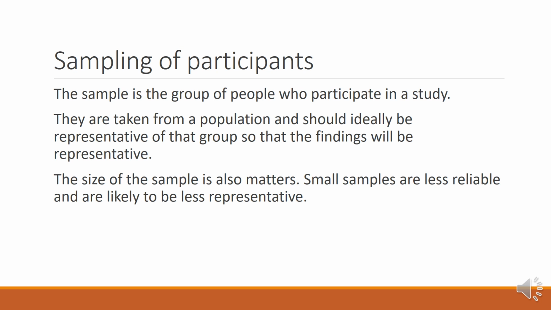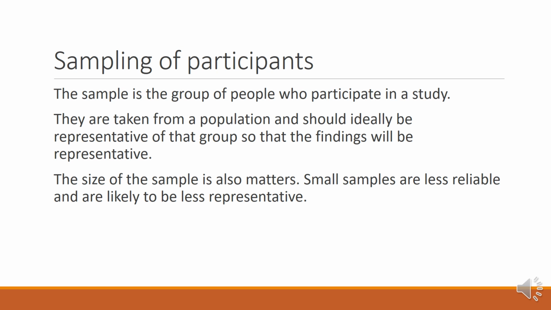This is important because researchers want to generalize from the sample. They want to come up with a conclusion from the sample they are conducting the study on. The more representative the sample, the more confident the researchers can be that the results can be generalized to the target population.